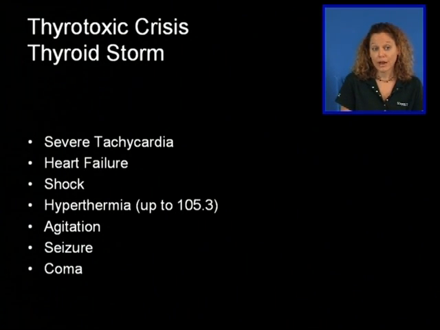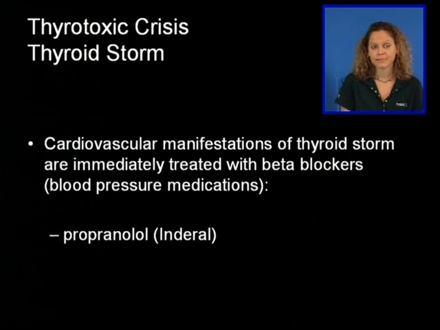In this crisis, patients may present with severe tachycardia, heart failure, shock, hyperthermia with temperatures up to 105 degrees, agitation, seizures, and even coma. The cardiovascular manifestations of thyroid storm are immediately treated with beta blockers, such as propranolol or Inderal, which is a blood pressure medication.